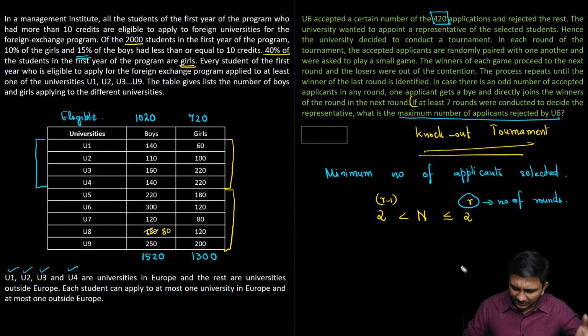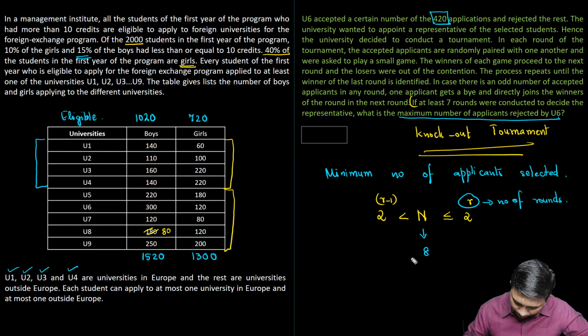Okay, for instance, let's say I have got 8 people. So if I have 8 people, then I can put 8 here. So 8 will be between 2 to the power 2 and 2 to the power 3. Right? 8 is between 2 to the power 2 and 2 to the power 3. So there I can confirm that 3 rounds have to be conducted.